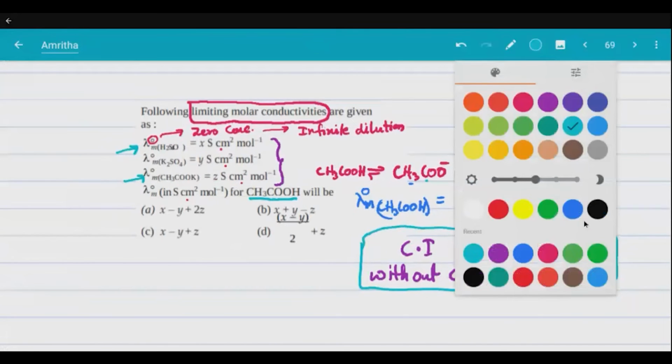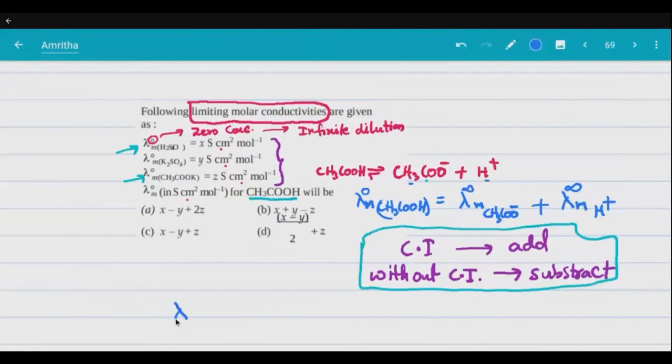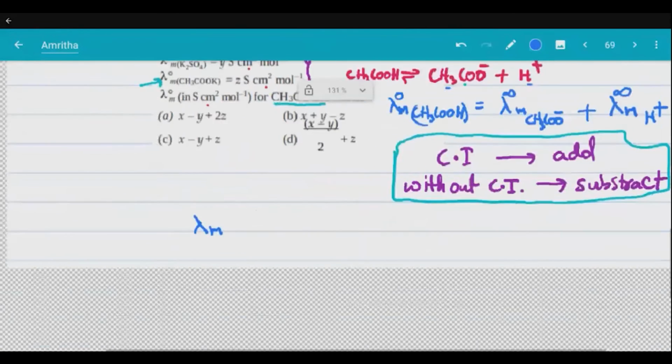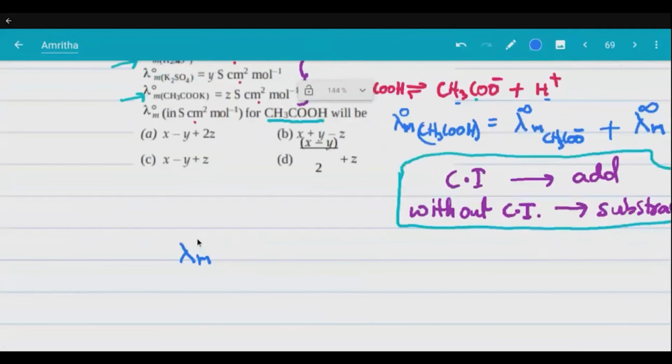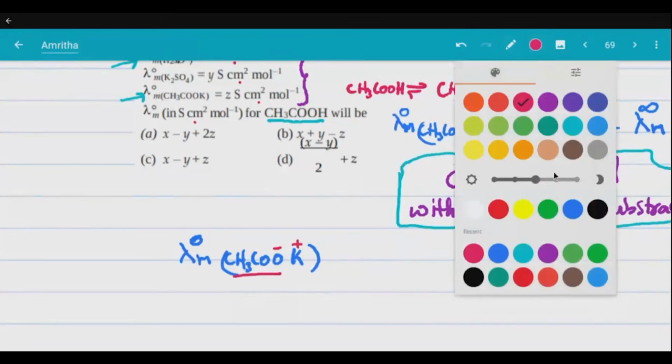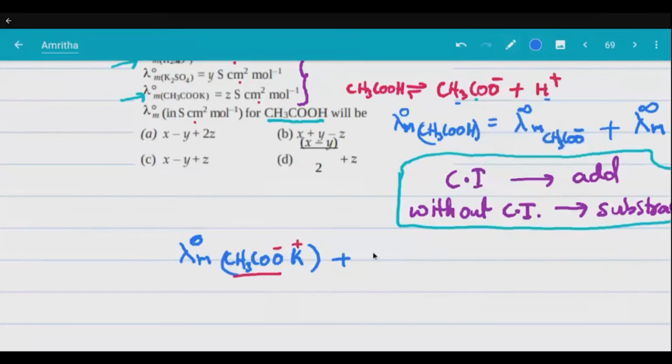See how I'm adding this: lambda m at 0 for potassium acetate. The common ion is present; see, I'm highlighting this, this is our common ion. K plus is not common, leave it, at least one common ion. Acetate is there, plus lambda m 0. Where is the other common ion?